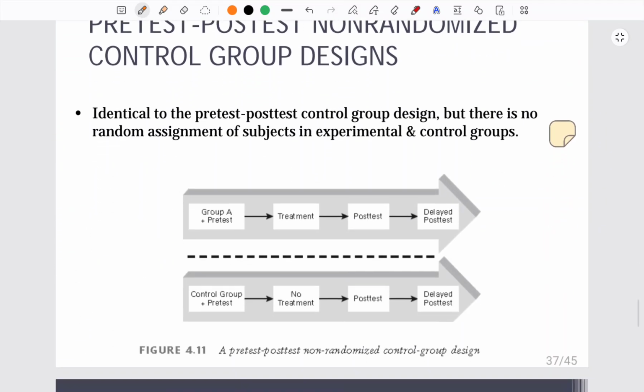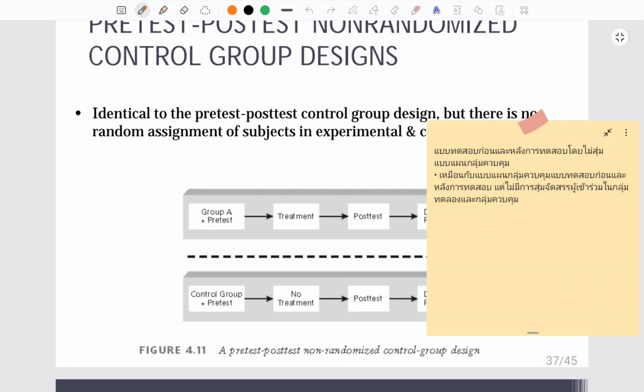For the first design, there is a pre-test and post-test, however there is no randomization of the subjects. You just recruit the subjects into group A and a control group, and conduct the pre-test and post-test.